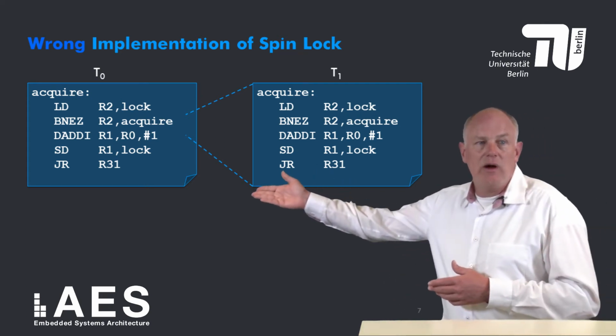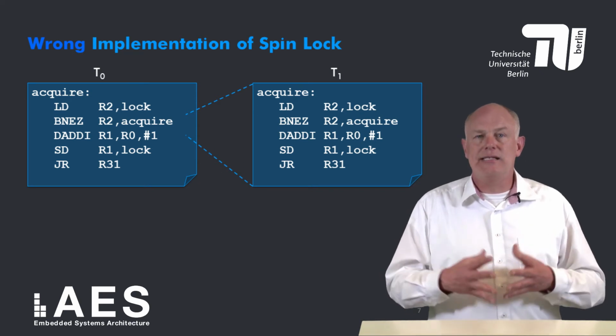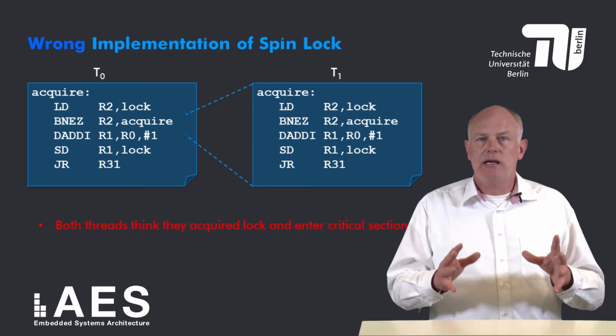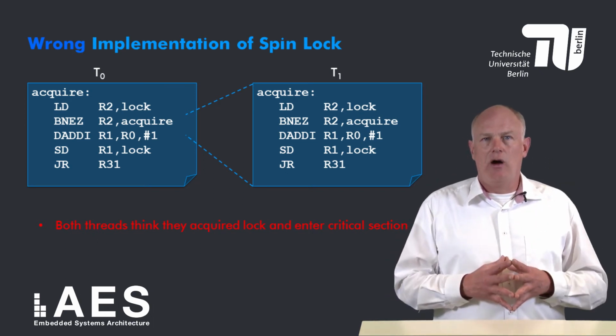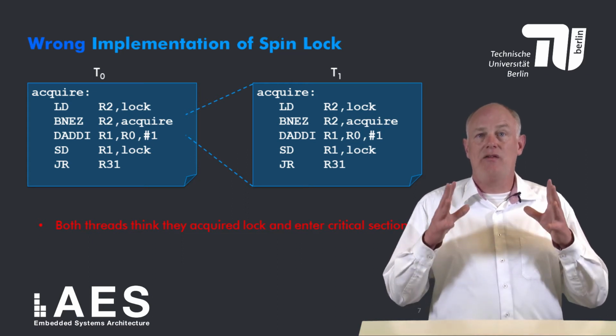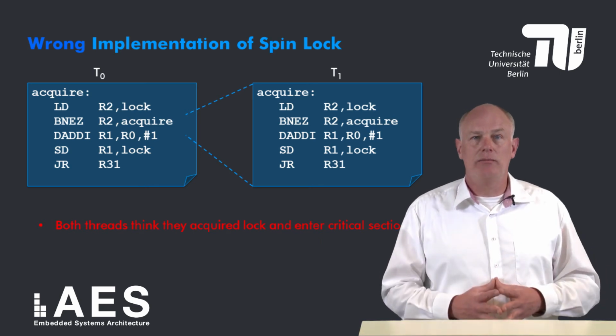Then thread 0 is executed again and also thinks the lock is free and sets it. Bottom line, both threads think they acquire the lock and enter their critical sections. On this slide, this is written in red to indicate that this is absolutely wrong.